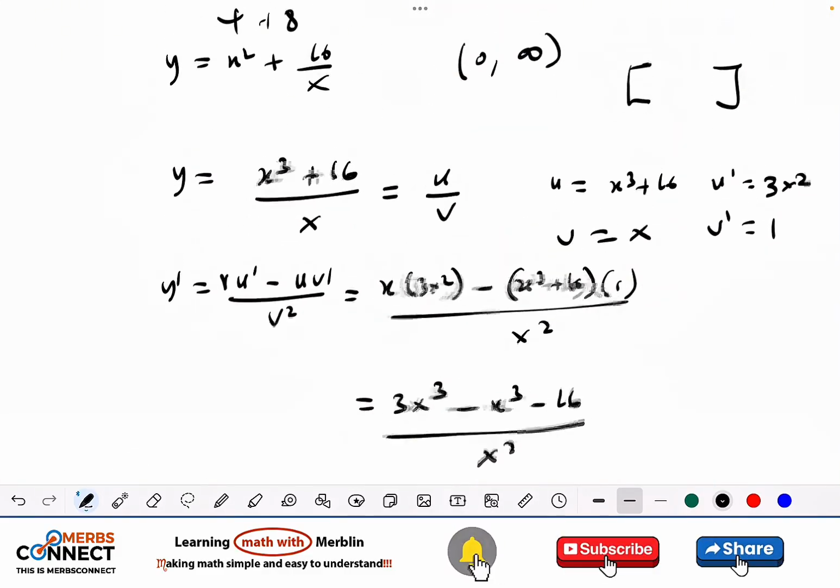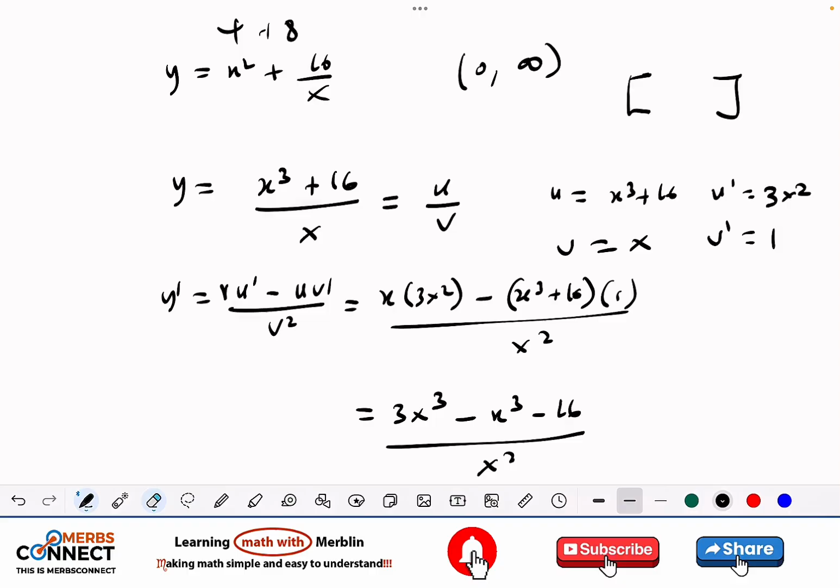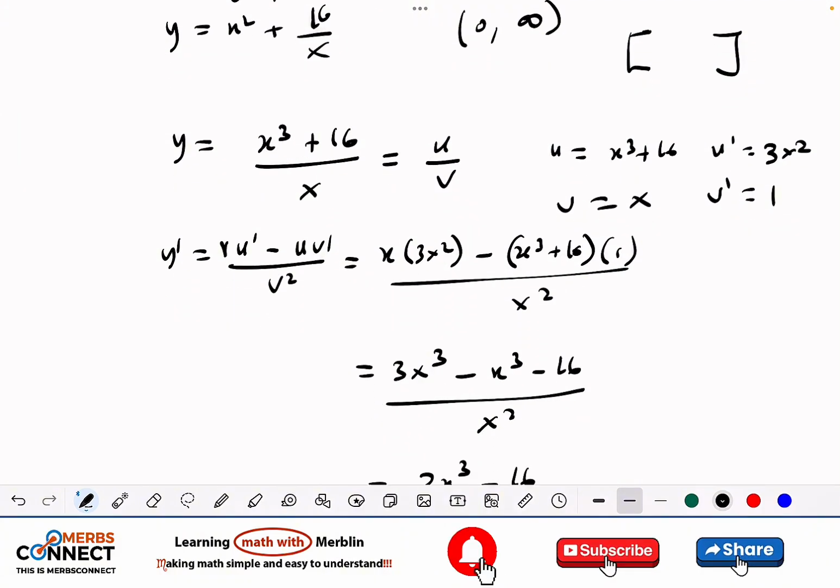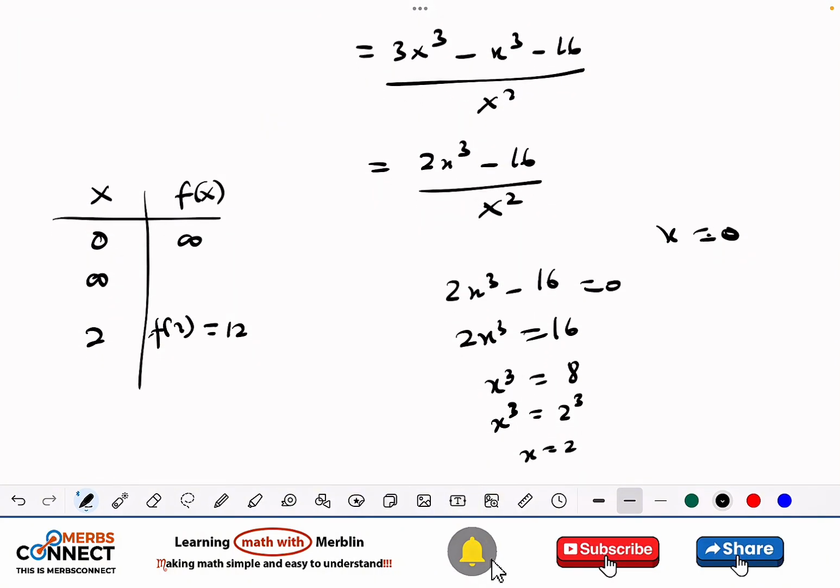When I plug in 0 here, this is going to give me 0 plus 16 over 0, which is infinity. So we are going to get infinity.